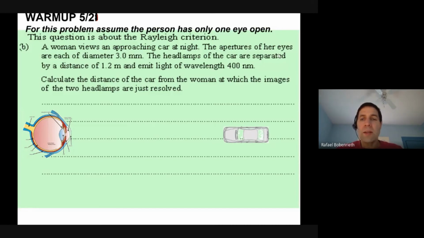Looking at a car's headlights coming in towards her at night gives you the aperture, the opening of her eyeball, gives you the distance of separation of the two headlights, and it gives you the wavelength of light that's being emitted. Okay, and then it asks you to calculate the distance of the car, how far away the car will be when the woman first can basically distinguish the two images from each other.